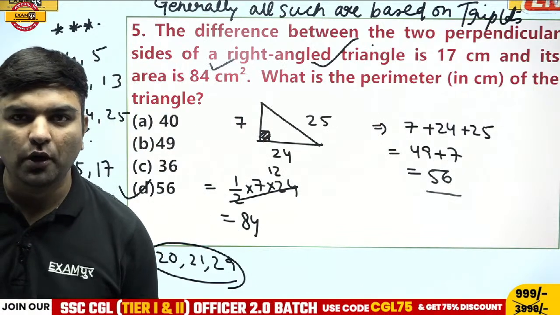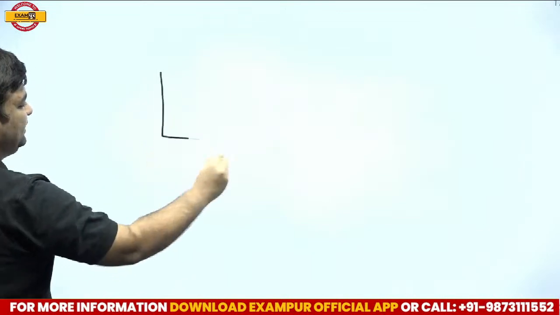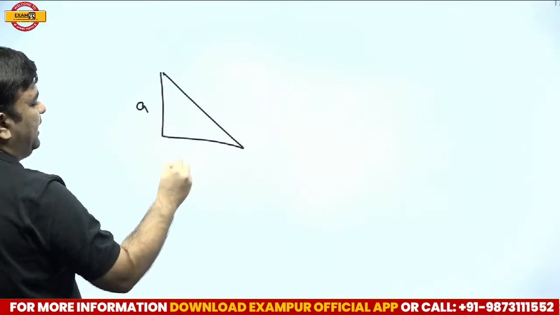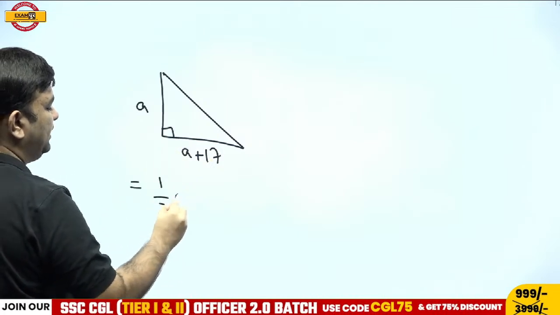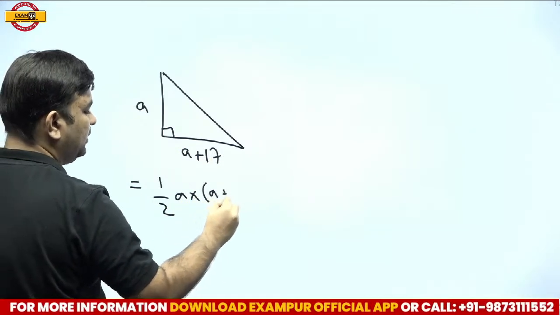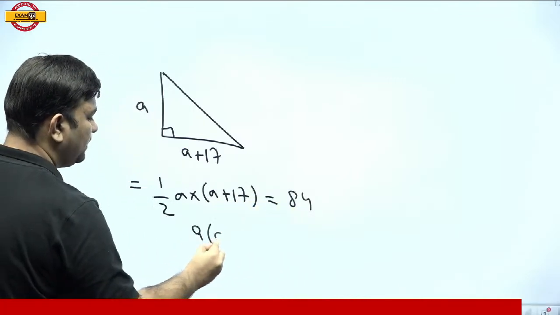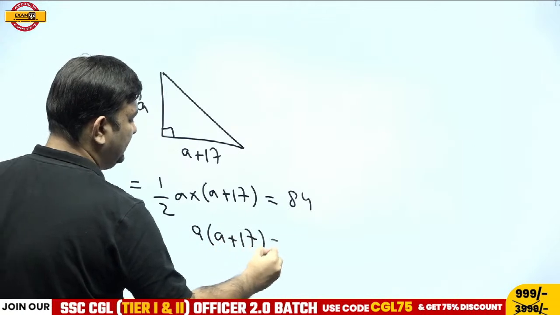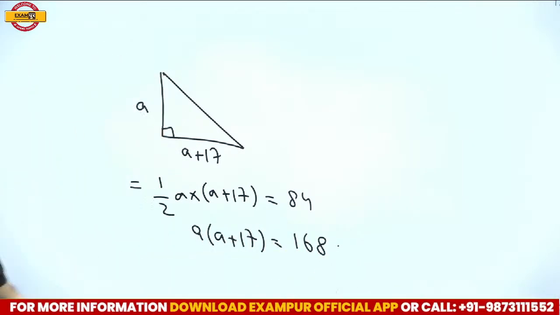However, if you want to go for equation, you can by assuming the sides as a and a plus 17. So their area is half into a into a plus 17, which is 84. A into a plus 17 is 168. Now break it into factors.